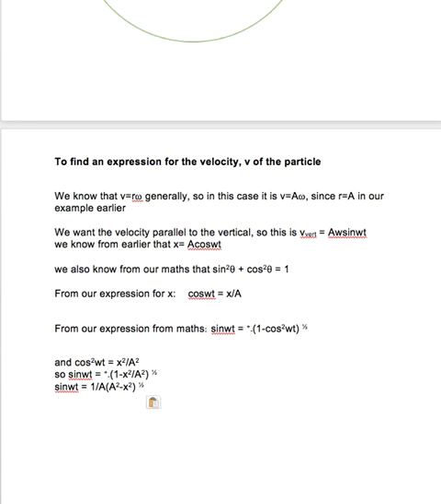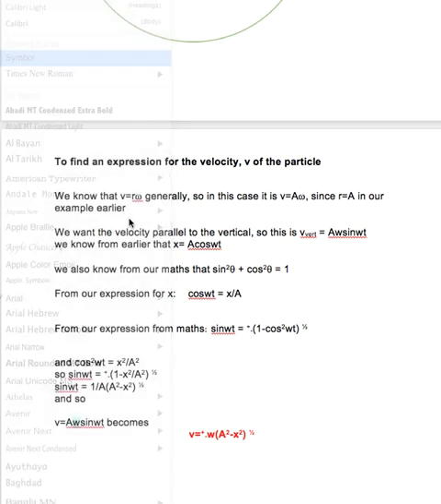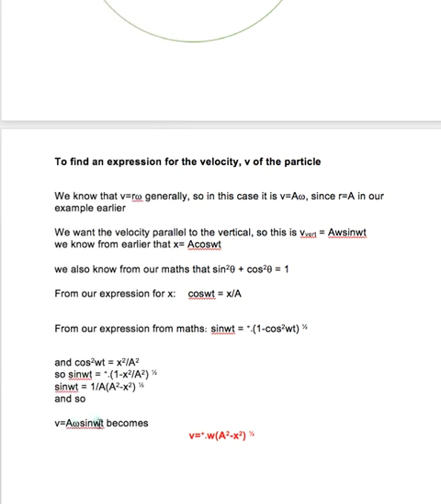Okay, so on that basis then, v equals A omega sine omega t, and again that should be an omega, my apologies for that, becomes v is plus or minus omega root A squared minus x squared.